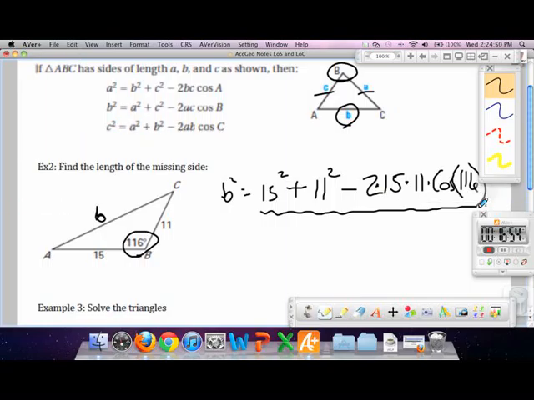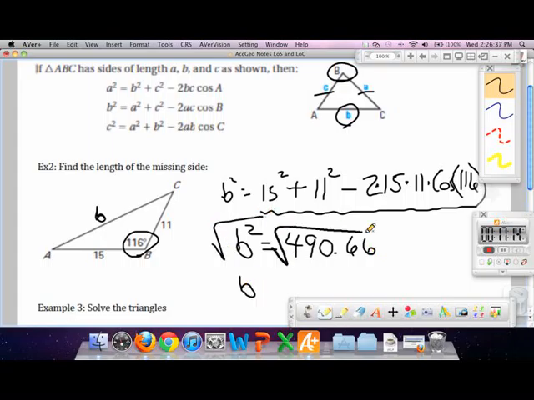So then b squared is equal to about 490.66 or so. So if b squared is 490.66, what's the value of b? Approximately 22.15. So then the length of this missing side is about 22.15.